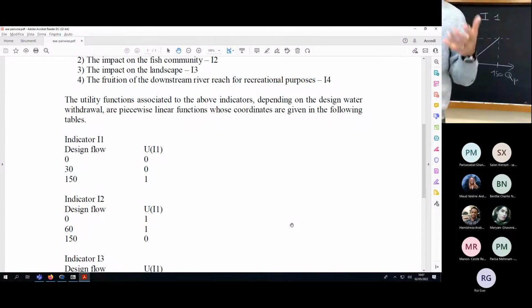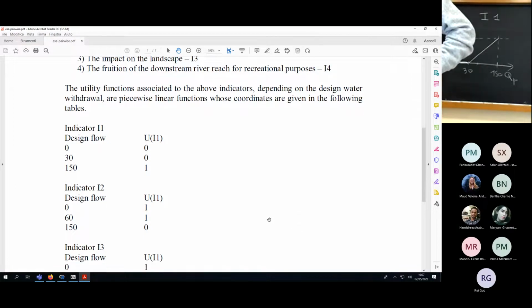And then for increasing design flow, you have a decrease of utility. And for design flow that is greater than 150, we give utility 0, which means that the fish community is severely compromised, and therefore it's a minimum of utility, and the minimum of utility is 0.